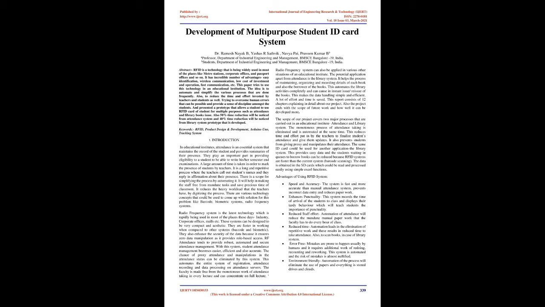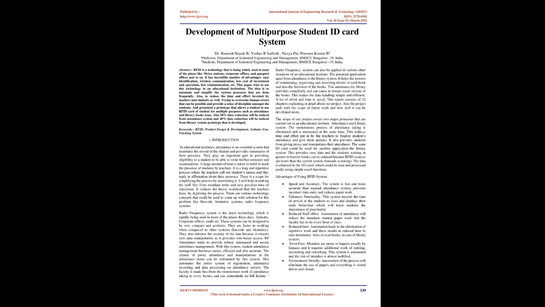The same ID card could be used for another application, the library system. This provides easy data, and the students waiting in queues to borrow books can be reduced because RFID systems are faster than the current system, barcode scanning. The data is obtained in SD cards, which can be read and processed easily using simple Excel functions.